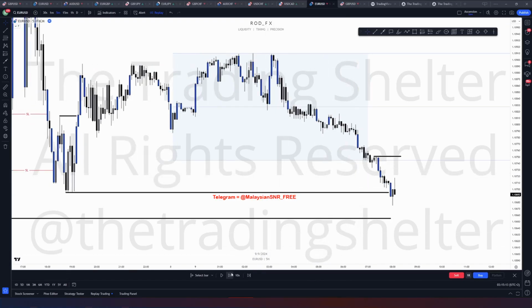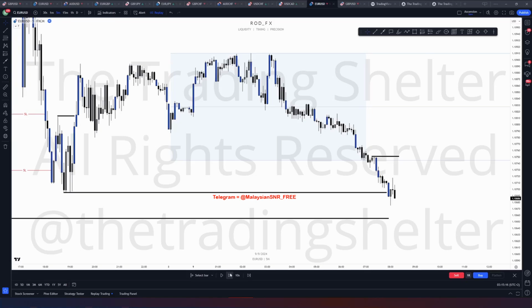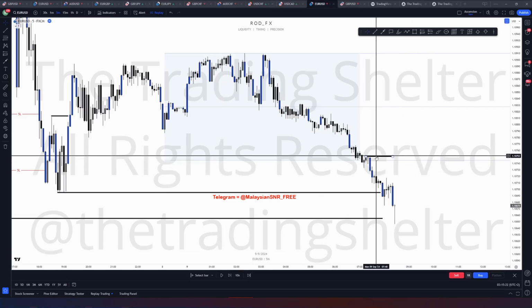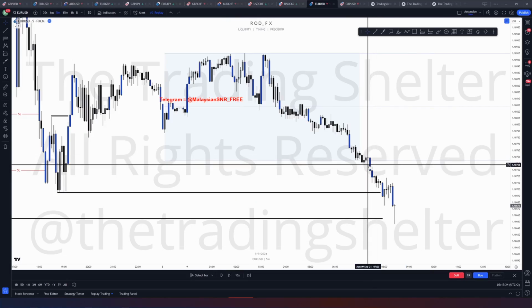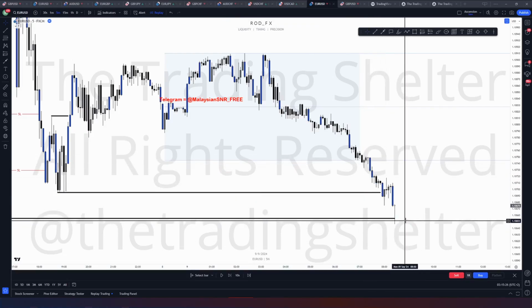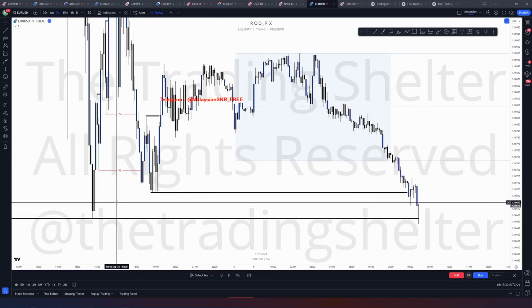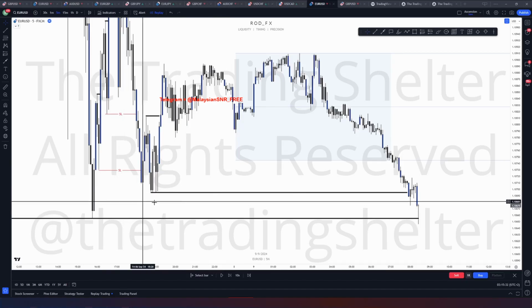Wait. Okay. Candle closure, very important. Okay. As you can see, nothing, right? Didn't come here. Invalidation point, done. Now look at this candle closure on the M5, right? These equal lows. Okay. That's getting pretty interesting here.